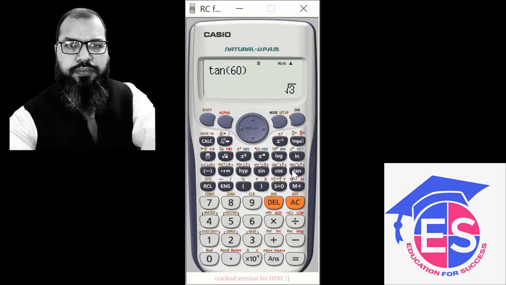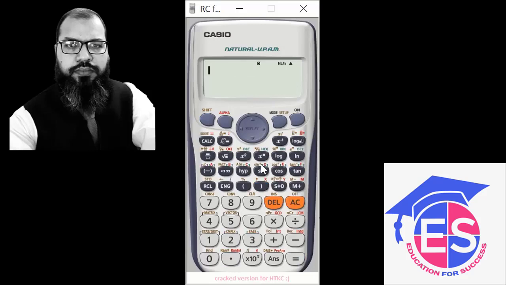And after that, if you want to find tan inverse, use the shift button, shift tan, then 0.25 for example, then close. Then you will get 14.036. This is already in decimal. See again, for tan inverse, shift tan inverse and then 0.3, then close bracket.